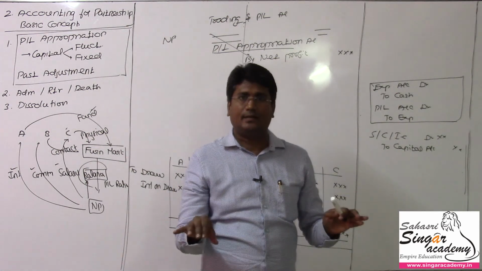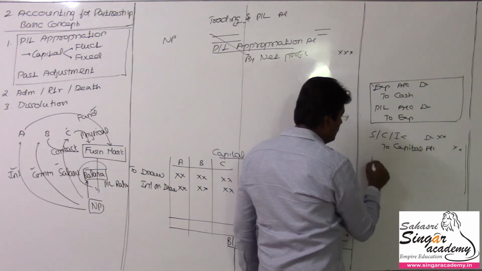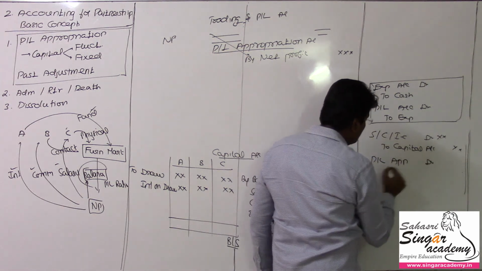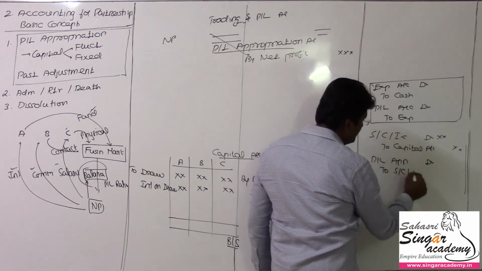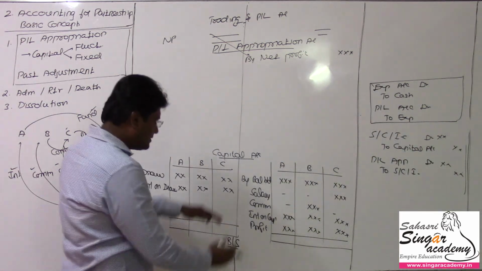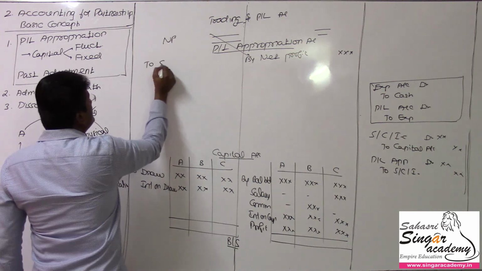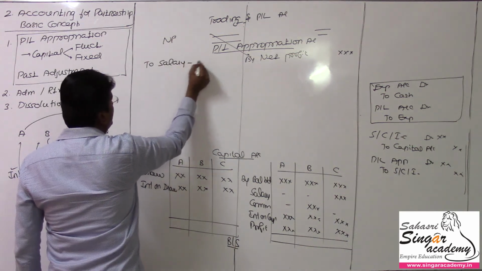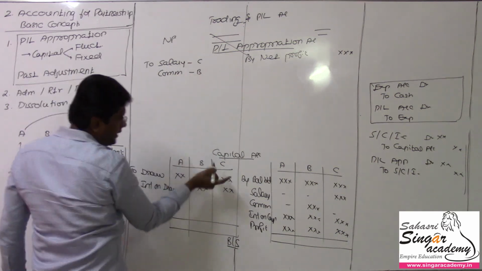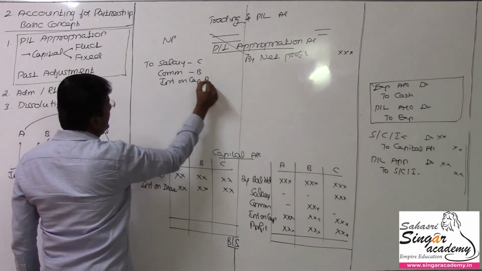Appropriation means sharing. It's not an expense. So I am going to share this. So I am recording that in the P&L appropriation account, to salary, commission, interest on capital. That's how I can post here. Means this entire block will come here: to salary given to C, commission given to B, and interest on capital given to all the three, A, B, C.